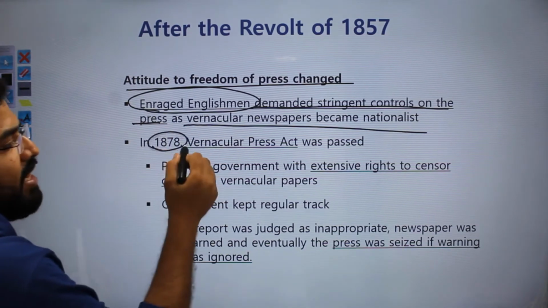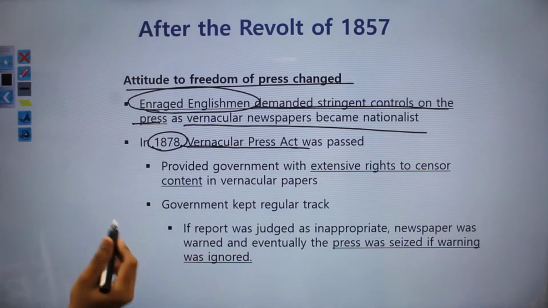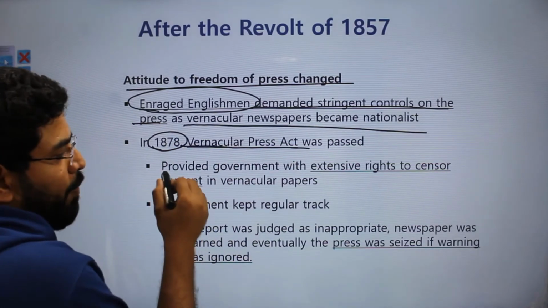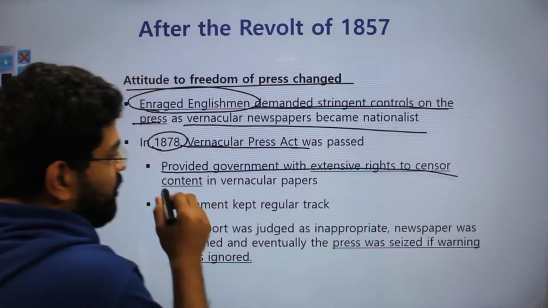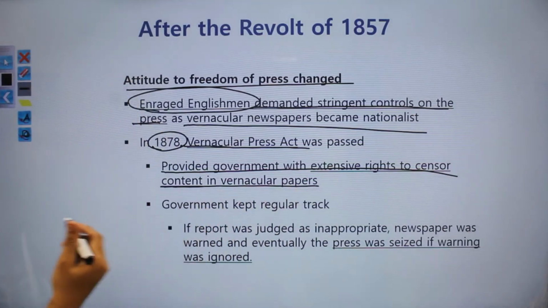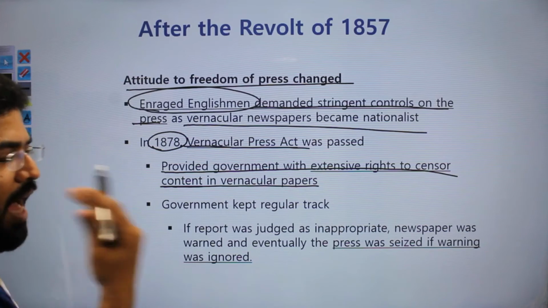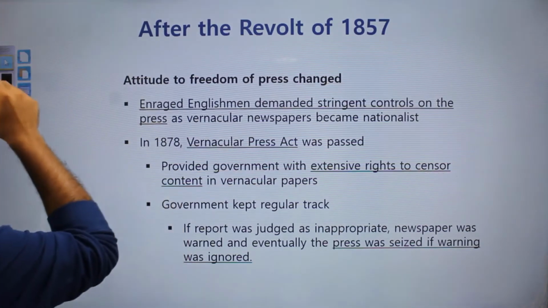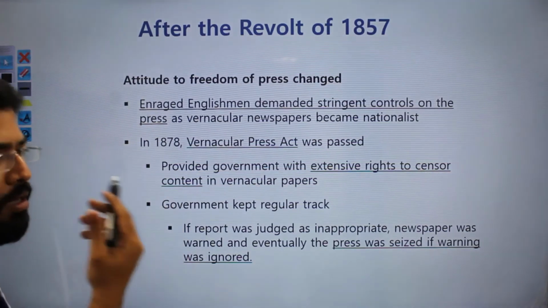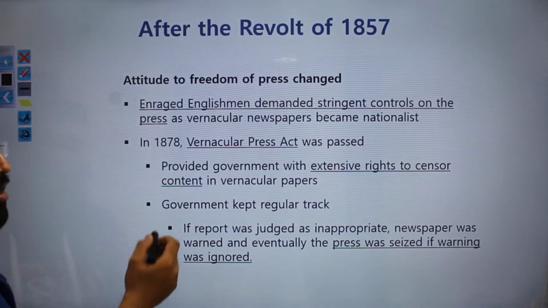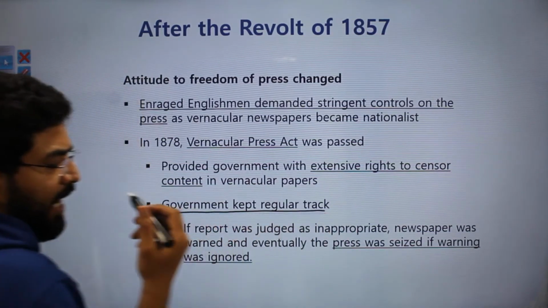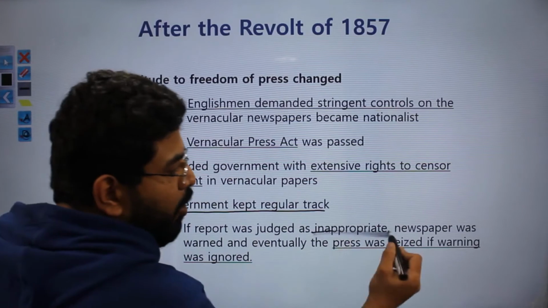In 1878 the Vernacular Press Act was passed, where the government was provided with extensive rights to censor the content in vernacular papers. In a sense, it meant that anyone arguing with the British government was not allowed to print and publish newspapers. So the government kept regular track of what was inappropriate.